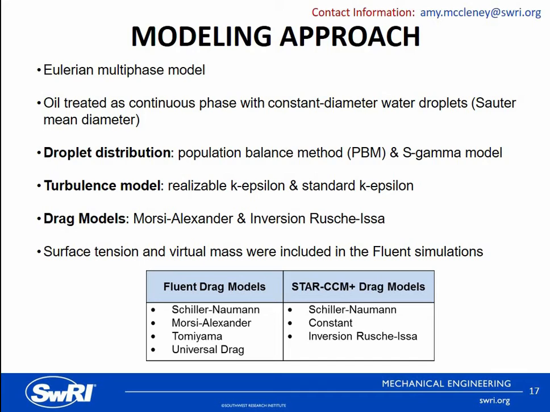A sensitivity study on the different drag models available in Fluent and STAR-CCM+ was also performed. The table listed on the slide lists all the models that were used for these simulations in the respective software package. In Fluent, the Morsi-Alexander drag model, in combination with factors that incorporate surface tension and virtual mass effects, performed the best of all the four choices.